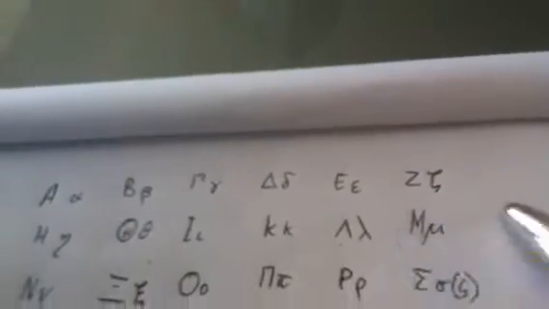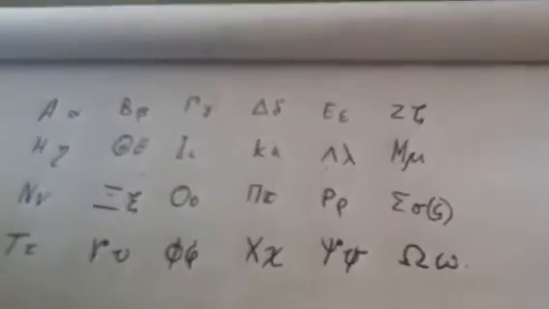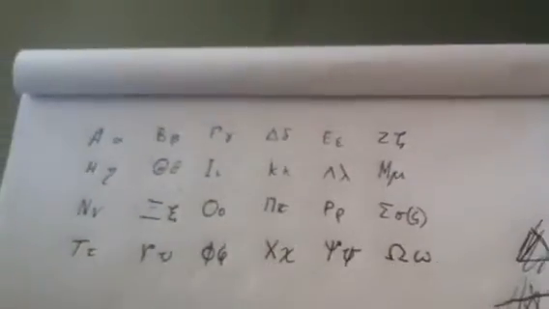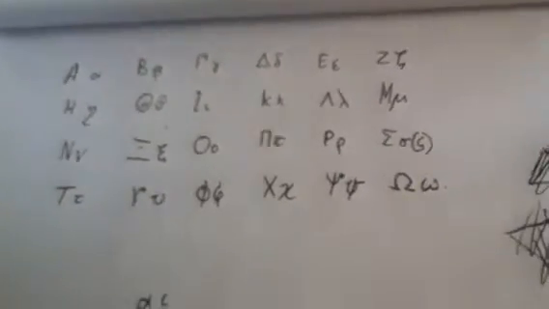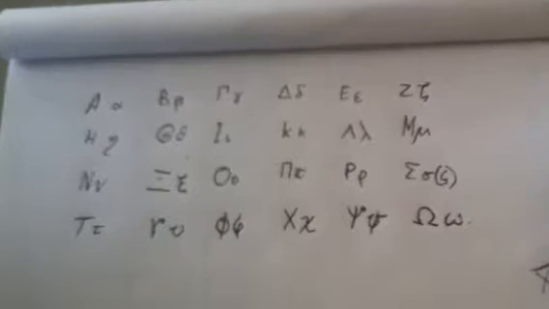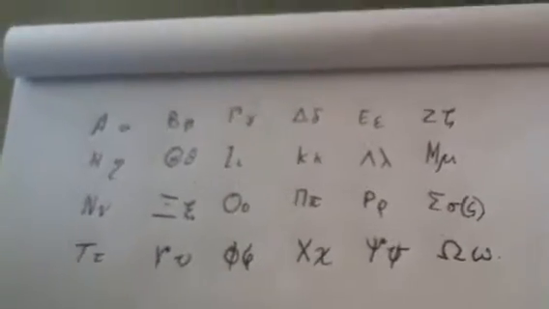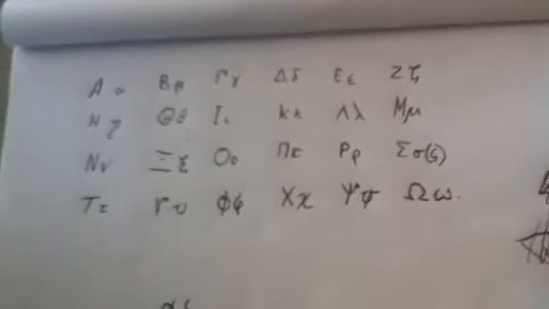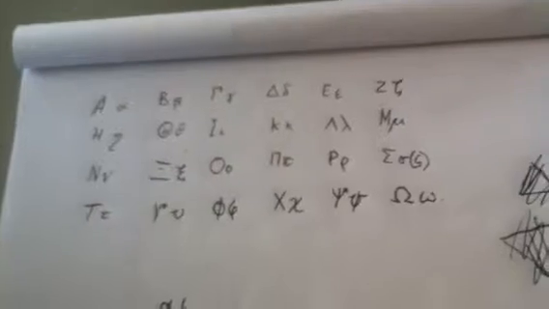And mu you would have seen as micrometer, or micro as in 10 to the power of -6. Modern pronunciation is me, but do not pronounce it me, pronounce it mu. The alphabet of Old Greek and Modern Greek is quite different.